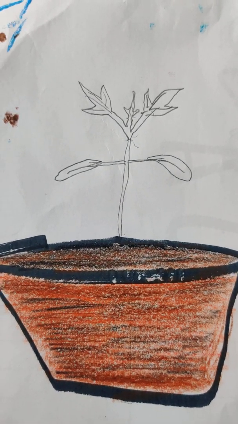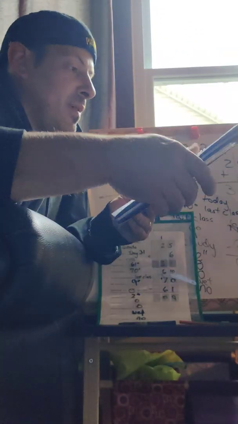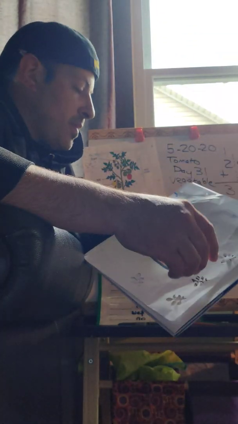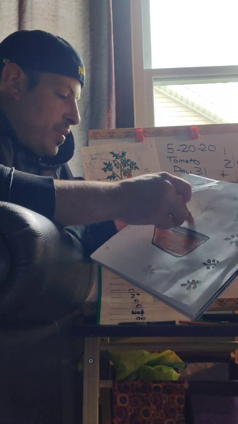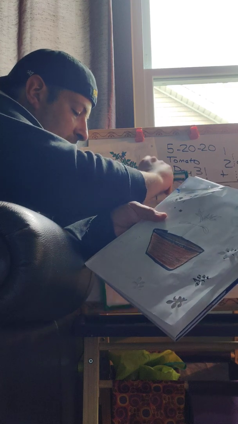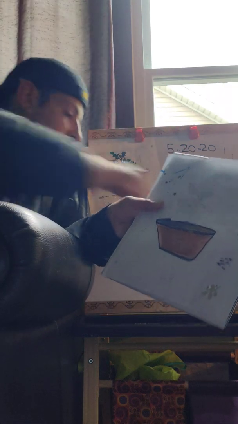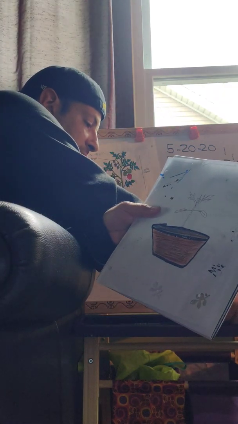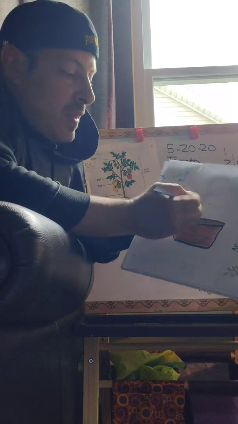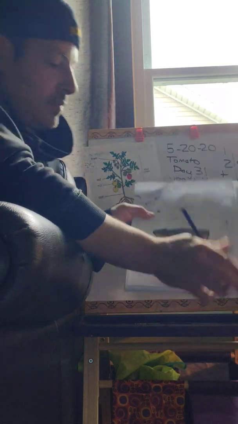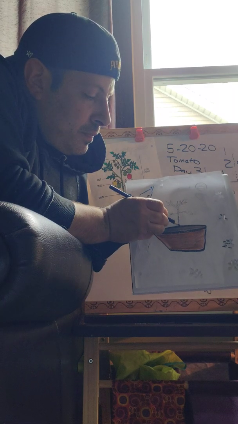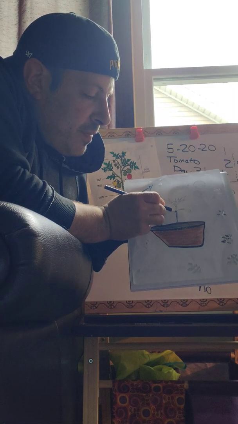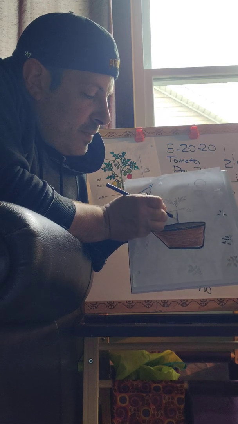So if you want to pause it, you can pause it now. If you already did pause it, welcome back. Now for our coloring. For my stem, I'm going to use a purple at the base of the stem, just below those two leaves.